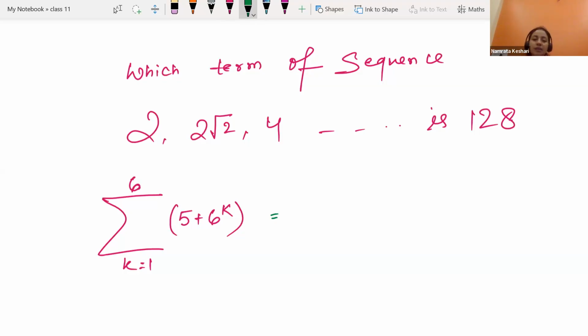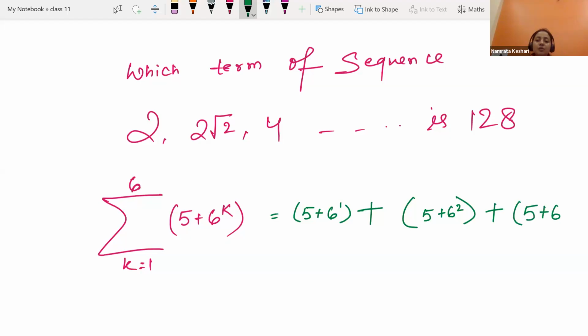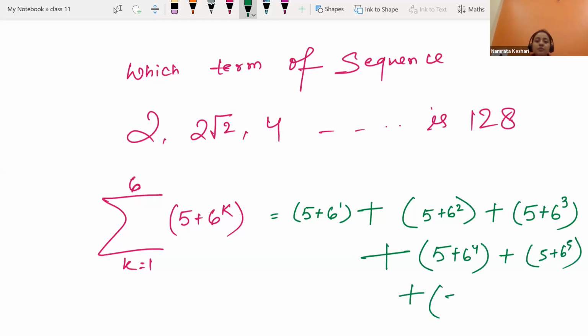That means we will be having 5 plus 6 to the power 1, added with 5 plus 6 to the power 2, added with 5 plus 6 to the power 3, added with 5 plus 6 to the power 4, added with 5 plus 6 to the power 5, added with 5 plus 6 to the power 6. Getting it, Manvi?